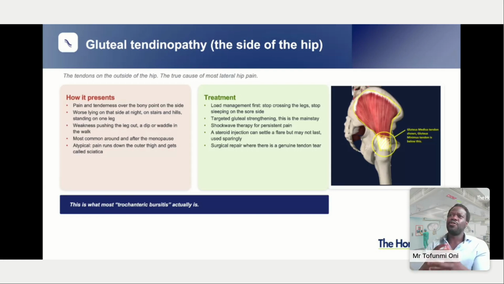And so the notion of a trochanteric bursitis and gluteal tendinopathy is very much a blur, which is why these days we tend to use the broader term of a greater trochanter syndrome, rather than using a gluteal tendinopathy or bursitis, or trochanteric bursitis, which are older terms. But in terms of how it presents, again, we talked about pain on the outside, and the treatment is much in the way of any other type of bursitis or tendonitis.